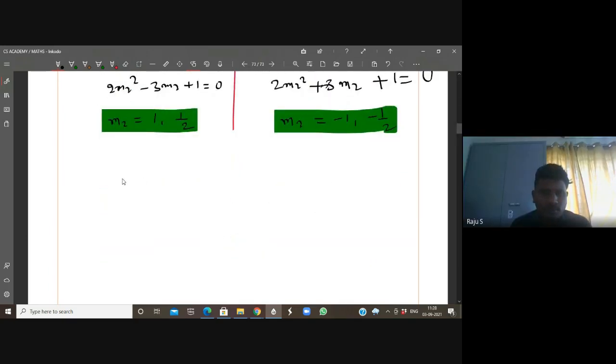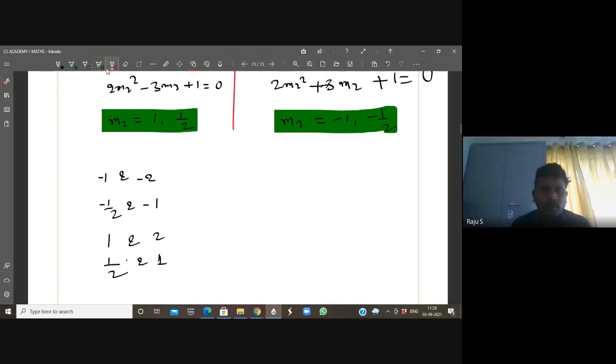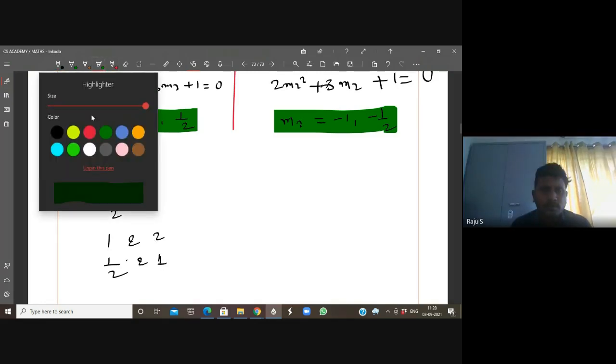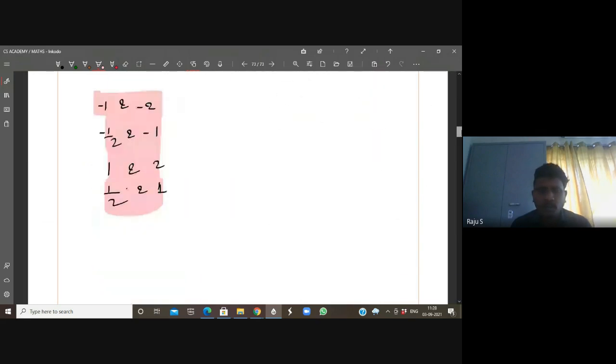So here the slopes of the lines are -1 and -2, -1/2 and -1, 1 and 2, 1/2 and 1. These are the 4 possibilities. Got it?